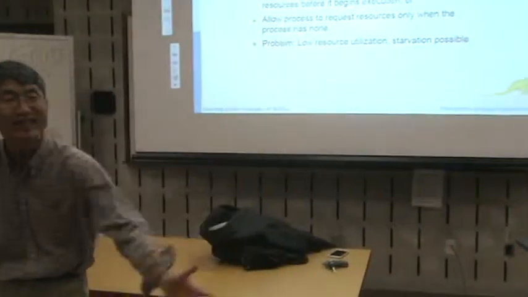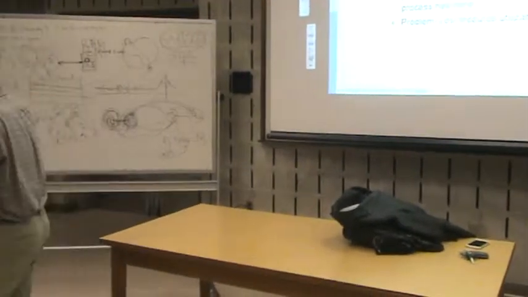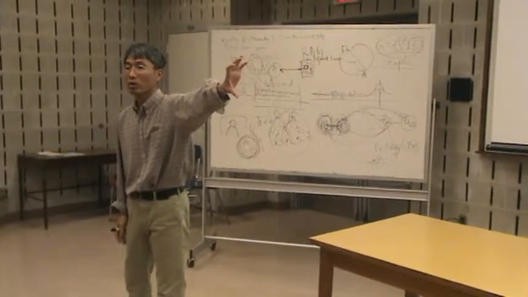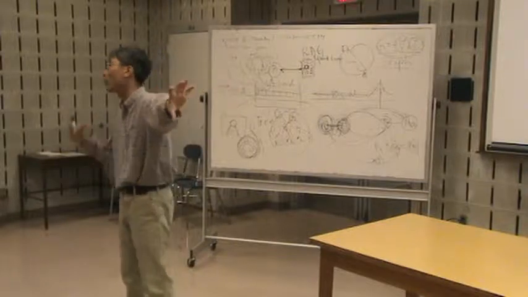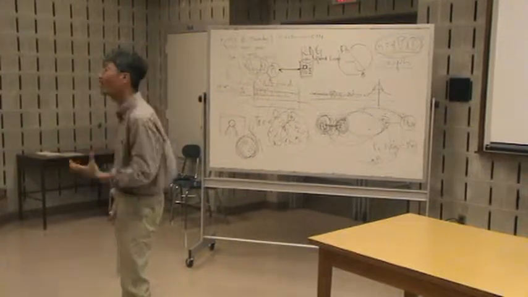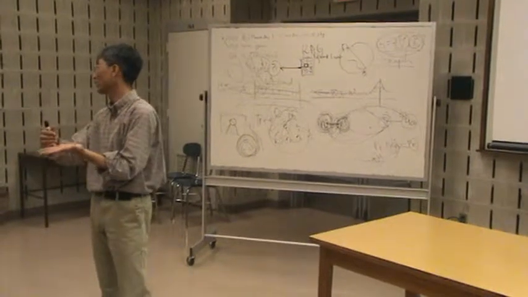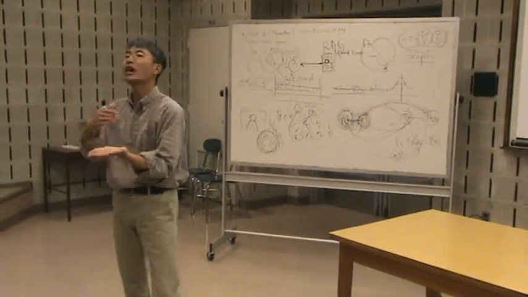Why? Because it's serializable. Once this process is completed, all the resources held by the process will be released. Until that time, the other process should wait. It's locked. Okay? So it's not practical.